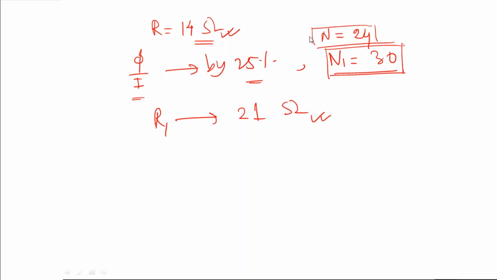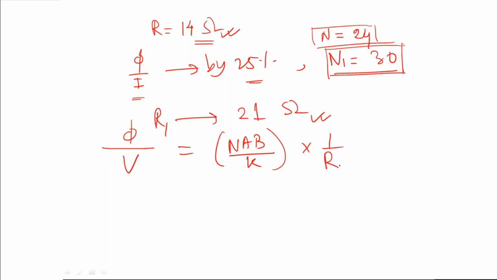Okay, so now I have to say whether the voltage sensitivity is less or more compared to the original one. So let us see what voltage sensitivity is. Voltage sensitivity was I by V, so this was actually N A B divided by K into 1 by R. So this was the original one.